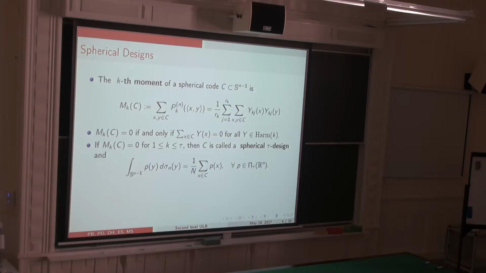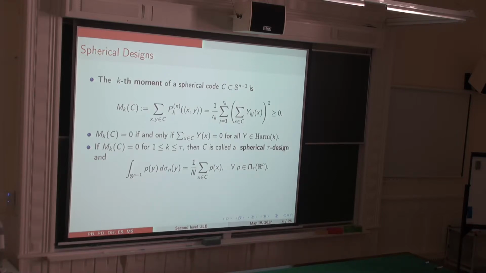Whenever m_k is 0 for k from 1 to tau, then C is called a spherical tau-design, and this is pretty much the definition for all polynomials of degree up to tau. So the moments are non-negative, and I think I've already discussed that.